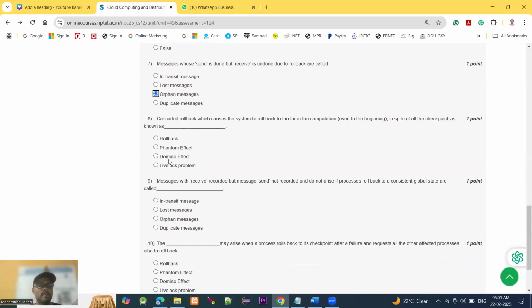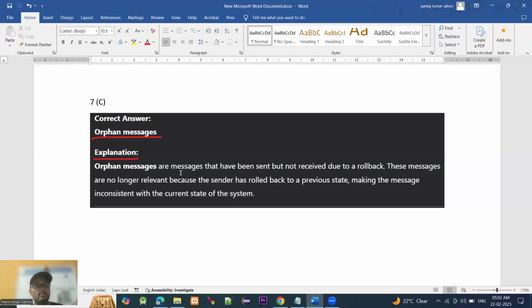Moving to question number 8: the cascaded rollback which causes the system to roll back too far in a computation, even to the beginning, a split of all the checkpoints, is known as what? We can opt for the domino effect. So what is 8C, the domino effect?